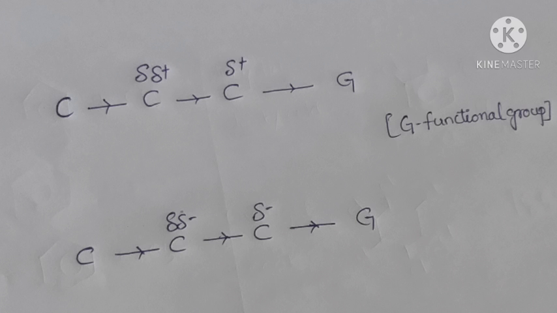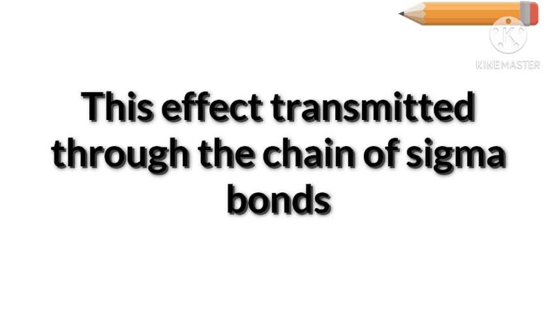In the next one, see here, the electrons move towards the carbon atom, so G is positive in nature and the carbons carry partial negative charges. But the effect is insignificant beyond the third carbon atom. This effect is transmitted through the chain of sigma bonds and diminishes with increasing chain length.